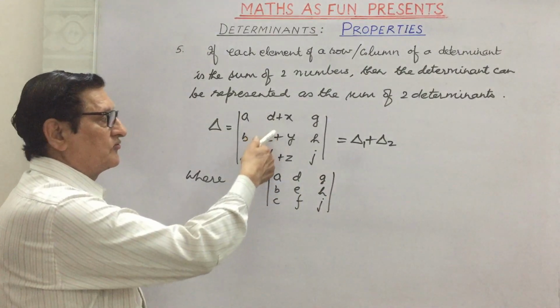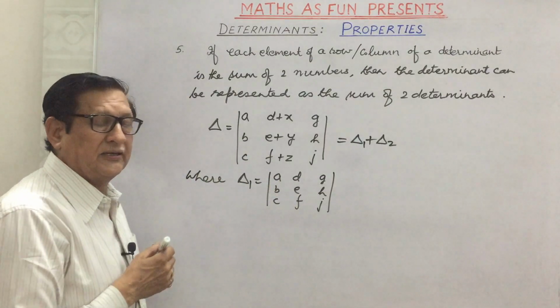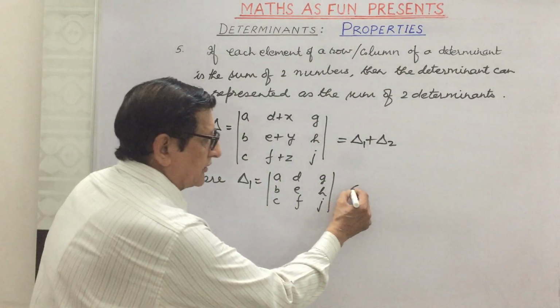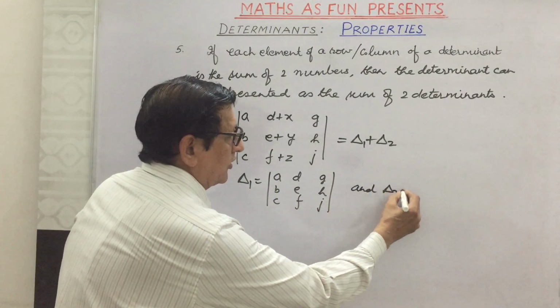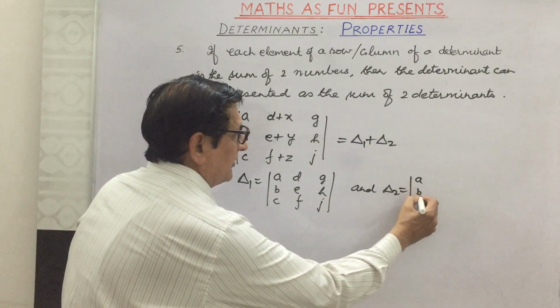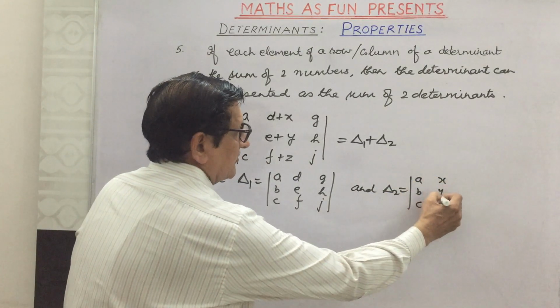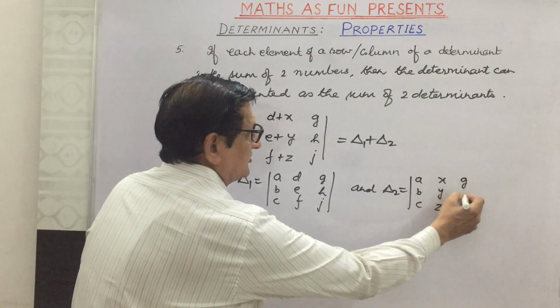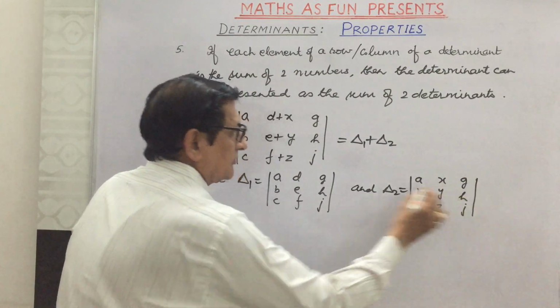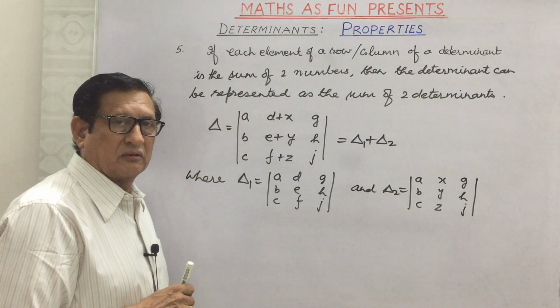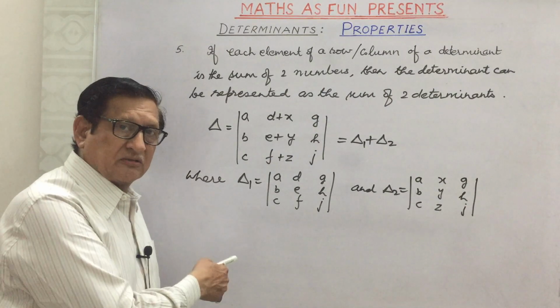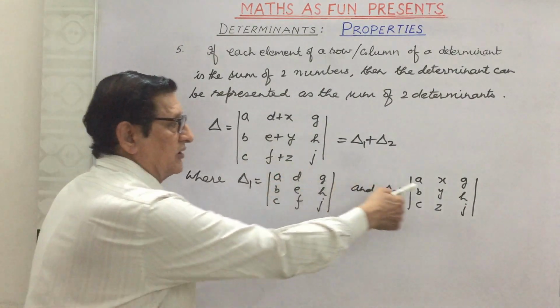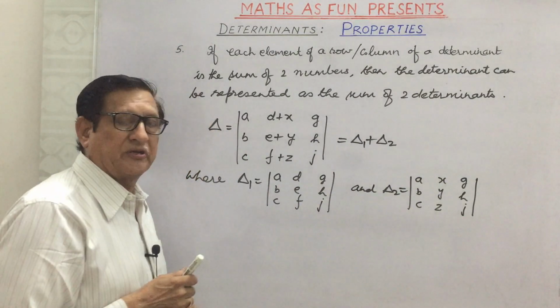One of the numbers has been taken here in the second column. And delta 2 is equal to a, b, c, x, y, z, g, h, i. It means we are taking the second number as the second column of it here.